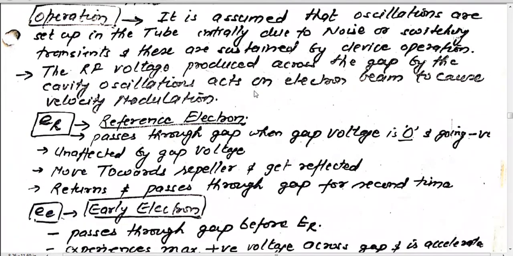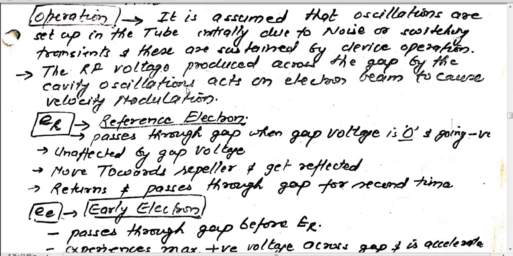The RF voltage produced across the gap by the cavity oscillations acts on the electron beam to cause velocity modulation. Here also we have velocity modulation as in the two cavity klystron amplifier, but in that case we apply an RF signal as an input signal, whereas here the RF signal is due to the oscillations present due to noise or transients.